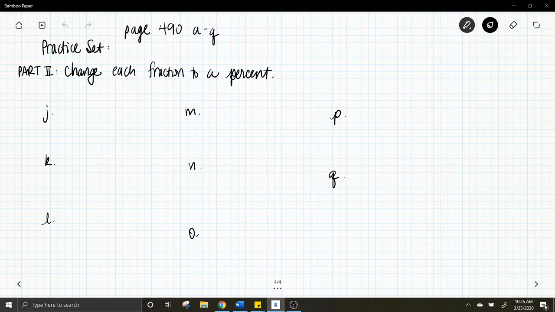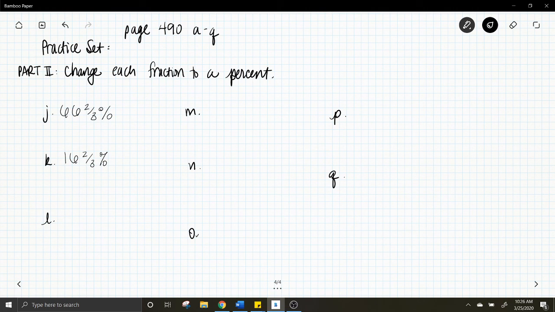Okay, you probably heard me gulp that water. Pretty gross, that's okay. Letter J is 66 2/3%. So that's just like that one we did in example 5. Letter K, 16 2/3%.